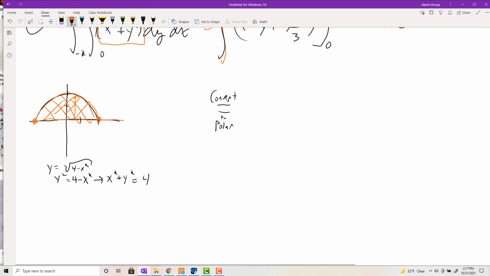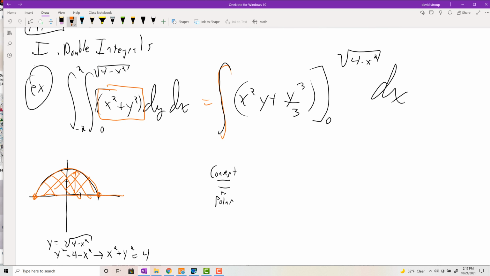So I can at least do that much. Now I have r squared in my integrand, and then I'm going to have to replace this dy dx thing with something. That becomes kind of difficult as well. So there's going to be something here. I'm not sure what's going there just yet.